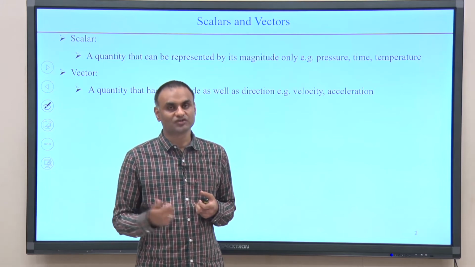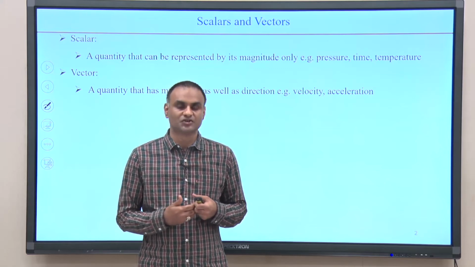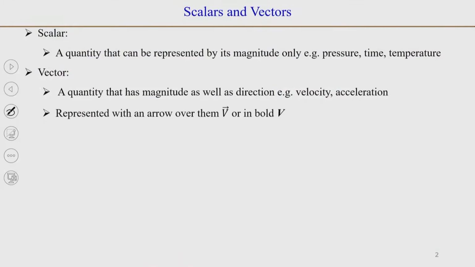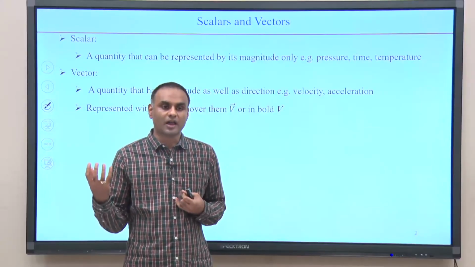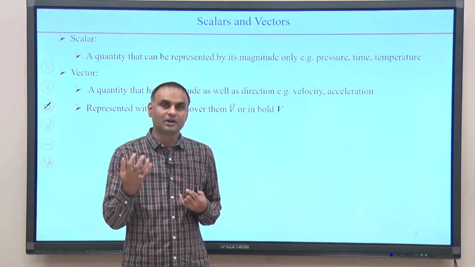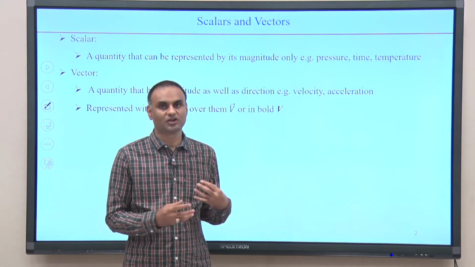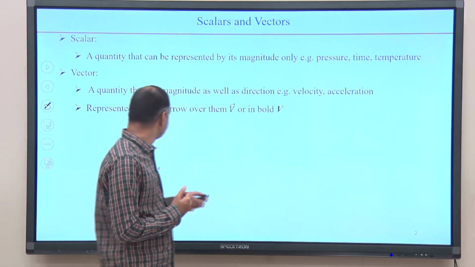Again, to represent force, we need the magnitude of force and in which direction the force acts. So, they are all examples of vectors. Now, in fluid mechanics, we are generally concerned with the velocity of the fluid, the force acting on a fluid, or the force acting on a body because of the fluid. So, we need to analyze vector quantities often, and that is the reason that we are looking at vectors here.